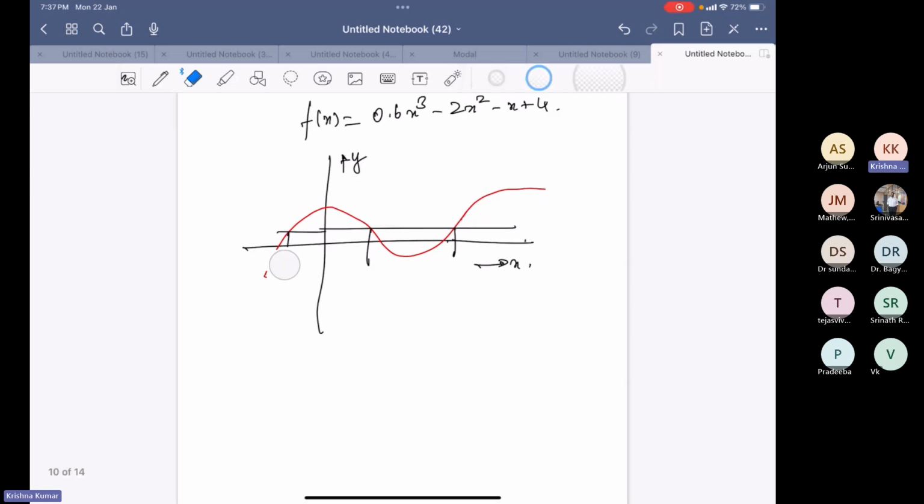So x1, x2, x3, all of them give you the same y. So the plotting, I'm sure all of you know. I'm not going to explain what they are, but we will get into plotting. We have to plot in MATLAB in the next class.